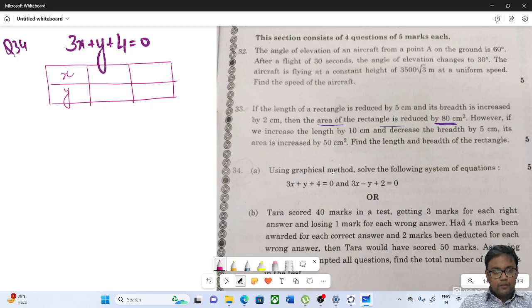So, if you keep x as 0, this term will vanish and y will be minus 4, right. But if you keep y as 0, just for the sake of doing the business over here, you can quickly see the value of x will turn into a fraction, that is minus 4 by 3.